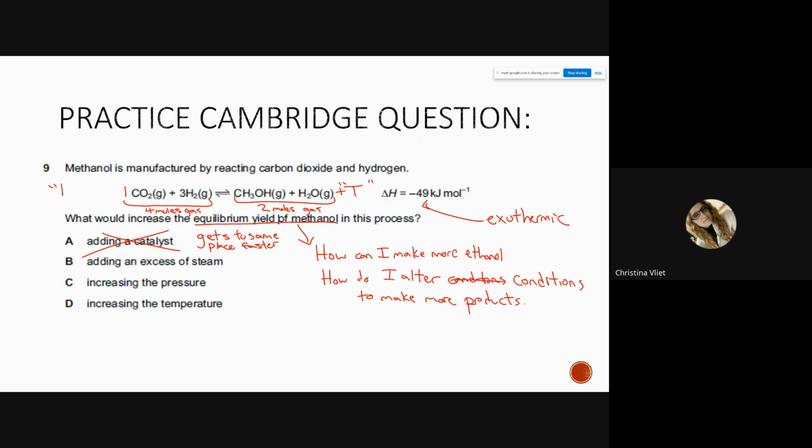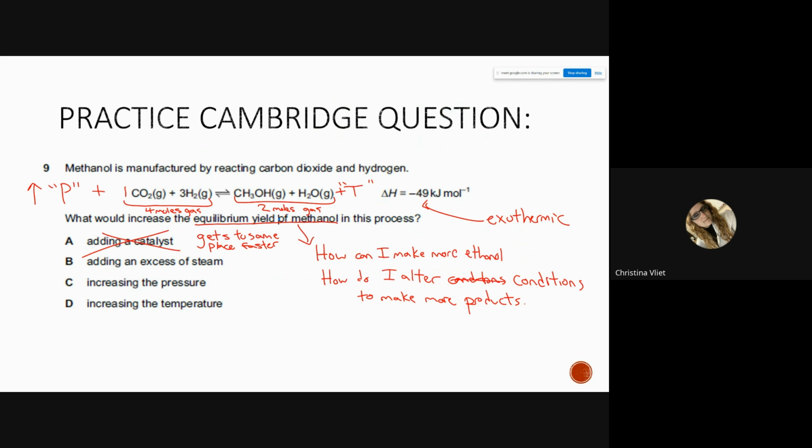So we put our little p there. Would increasing the pressure increase the production of methanol? Yes. Because increasing the stress on the reactants will cause the reaction to shift to make more products. These two are getting pushed closer to each other to make more of this at a greater rate than on that side.